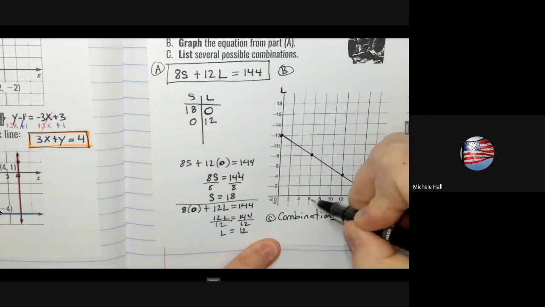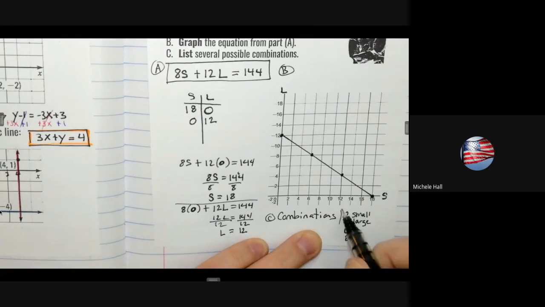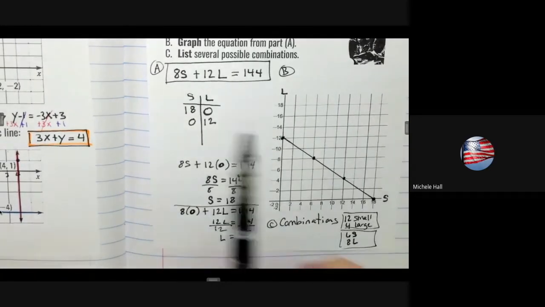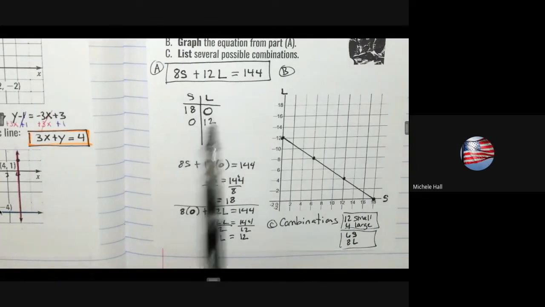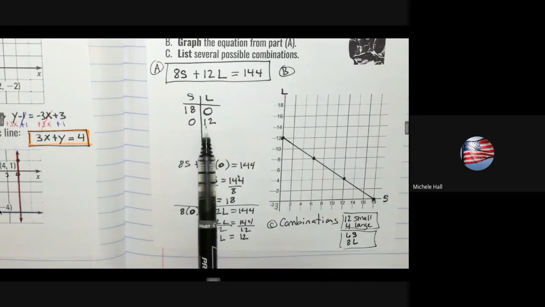We could also have 6 small and 8 large. And then let's not forget that we could have 18 small and no large. We could have 0 small and 12 large. Those would all be the combinations.